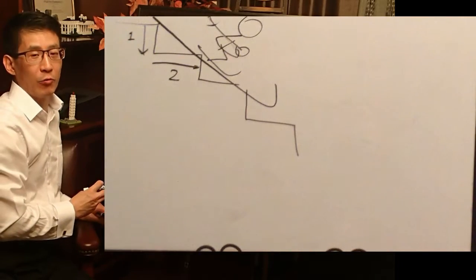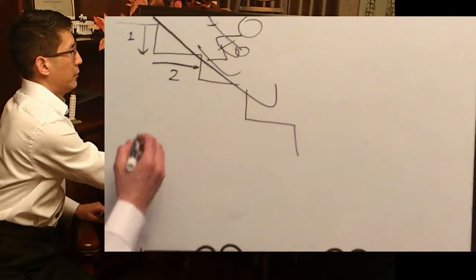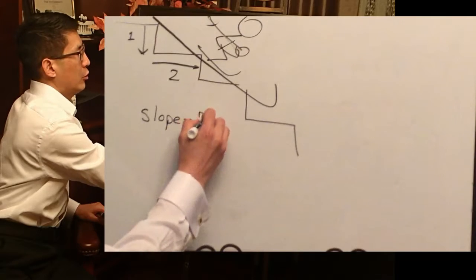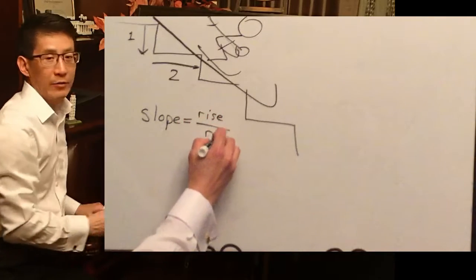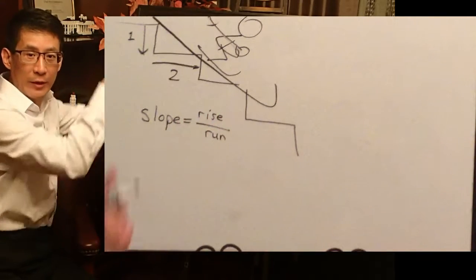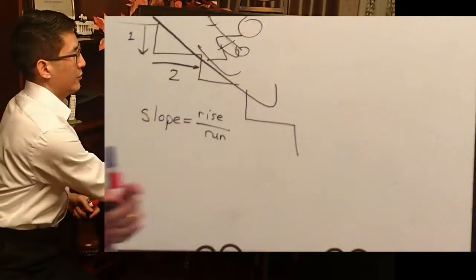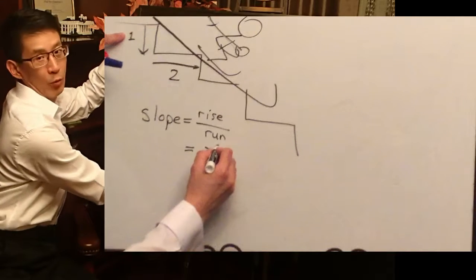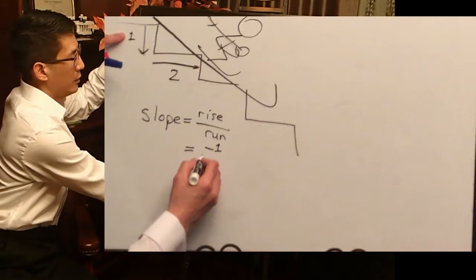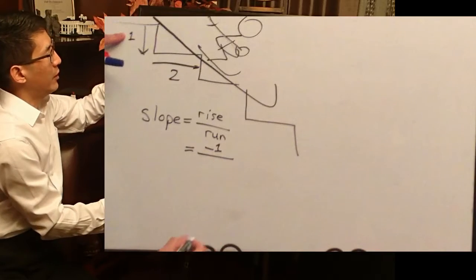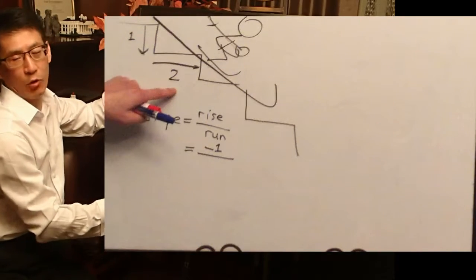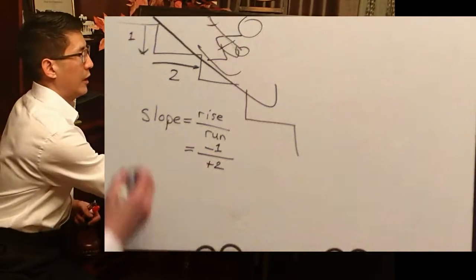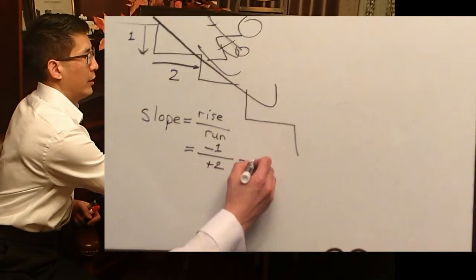This means that your slope equals rise over run. Now rise of course implies that we're going up, but in this case you're going down, so we use a negative number. In this case our rise is -1, because we're going down 1 step, or 1 foot. And using the same unit of measure, we are going across 2 feet, so plus 2.